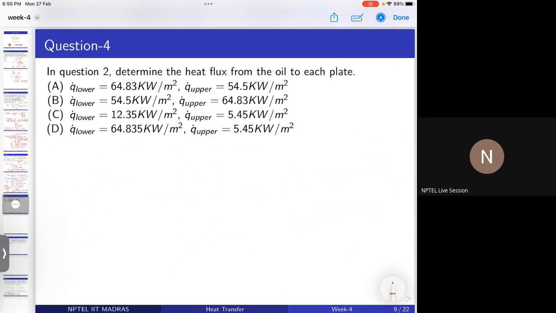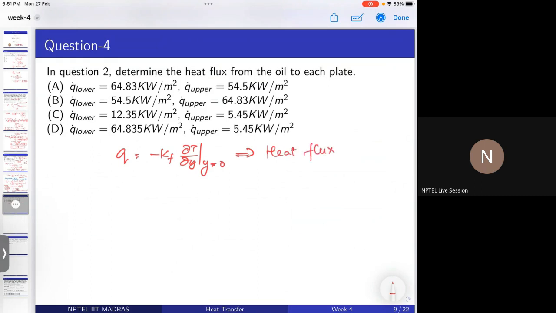What is the formula for heat flux? q is equal to minus k_f dou T by dou y at that location, right, where we need to find out. So at y equal to 0, if we put, we will get the heat flux at the lower plate or upper plate.